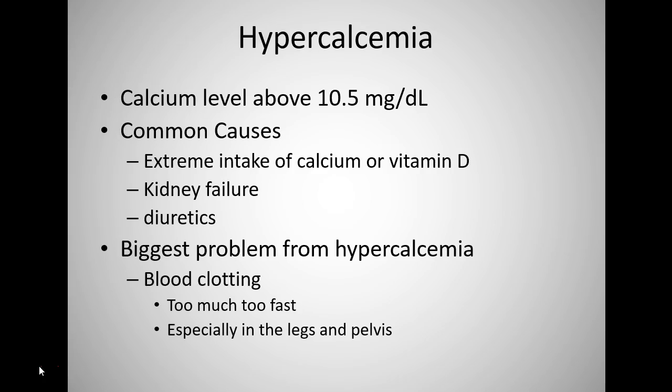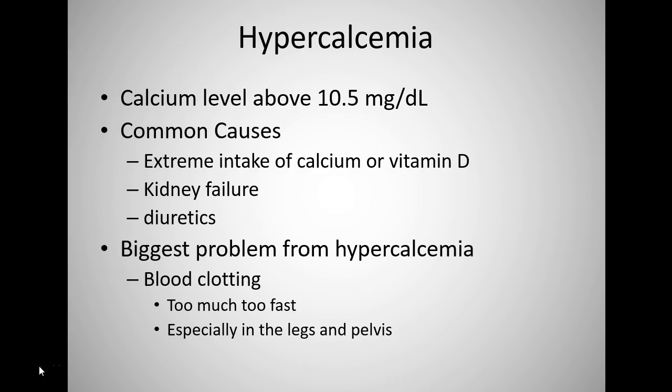So for hypercalcemia, calcium level is above 10.5 milligrams per deciliter. Common causes could be an extreme intake of calcium or vitamin D, kidney failure, or diuretics. With extreme intake of calcium or vitamin D, I think this is probably more supplements and eating excessive amounts of dairy products and stuff.